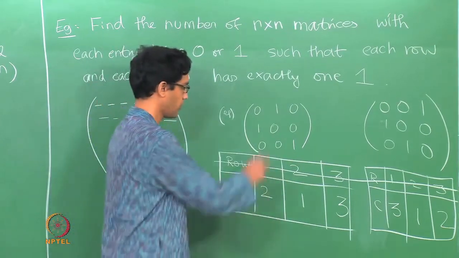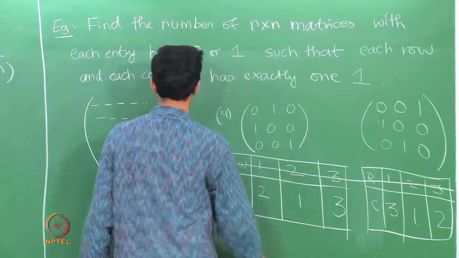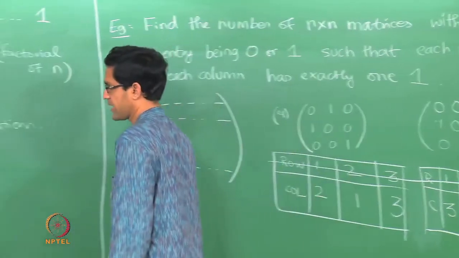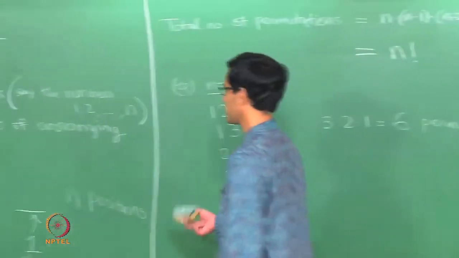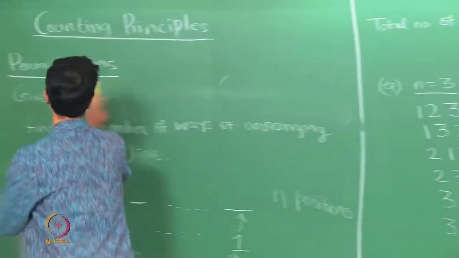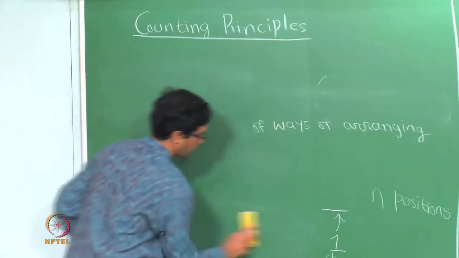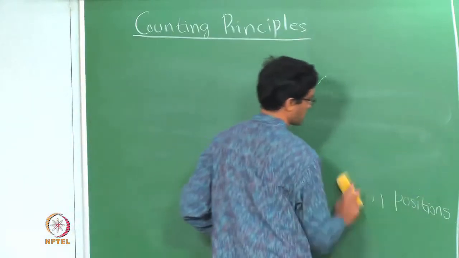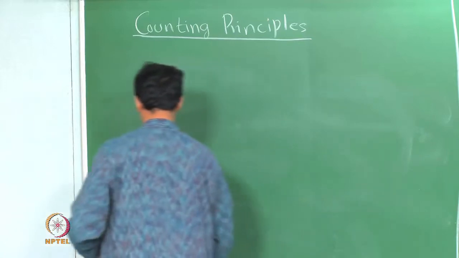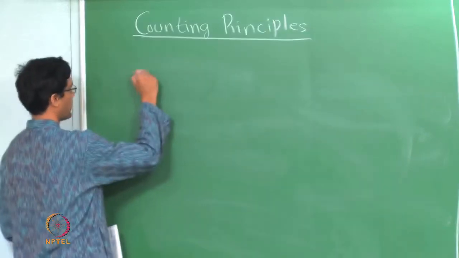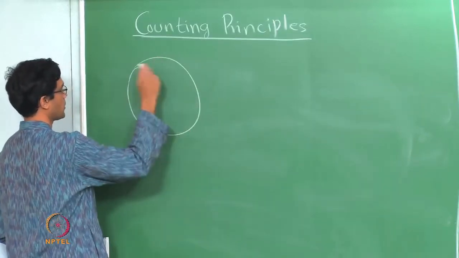Okay. So I hope it is sort of clear, at least from this example, that the set of permutations and the set of 0 1 matrices have the same number of elements. Okay, and in fact there is a nice one to one correspondence between them. So let us just draw it schematically like this.